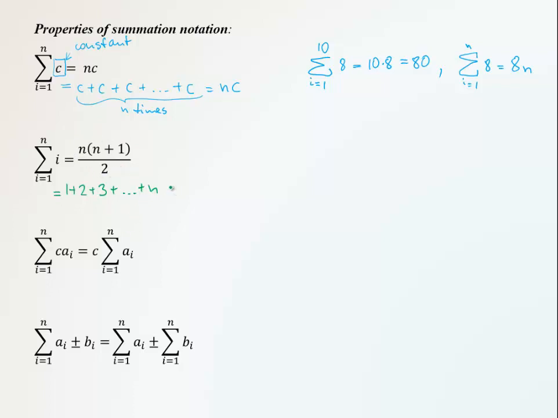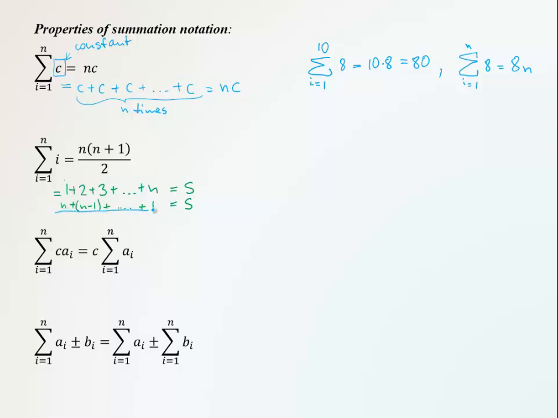Well, if I call this sum, for example, S, and I will write this S again underneath, but the other way around, starting from n and adding this way. So the one before last will be n minus 1 and then plus n.